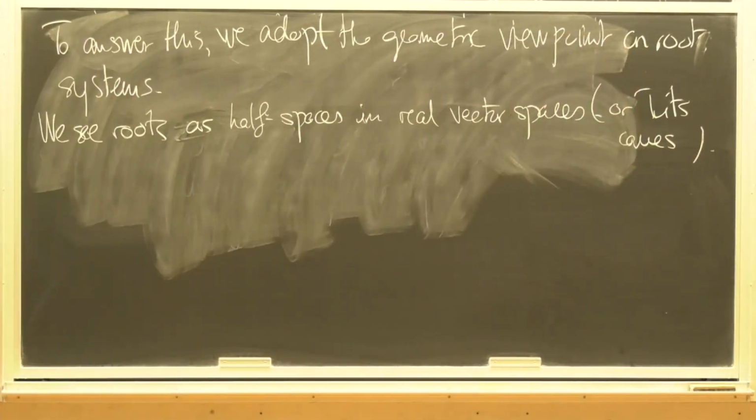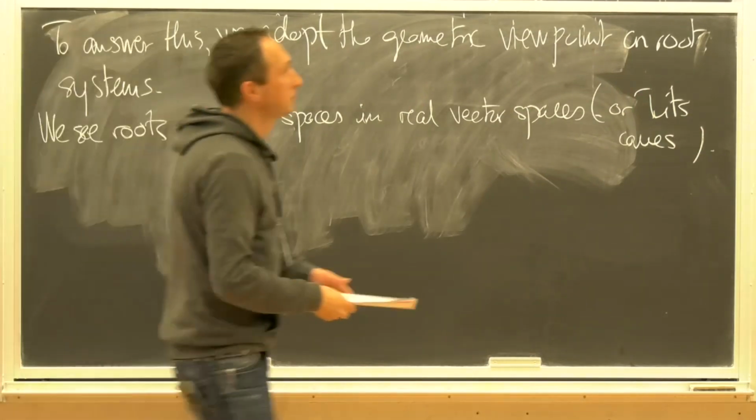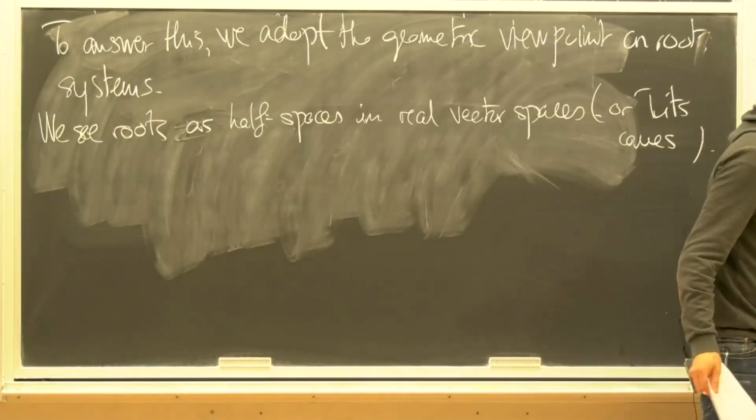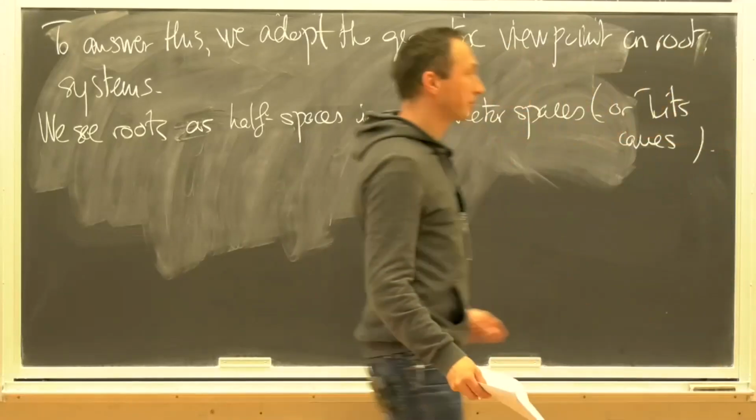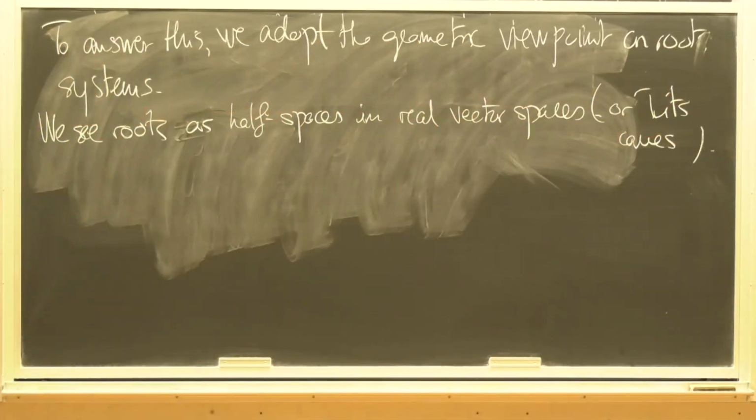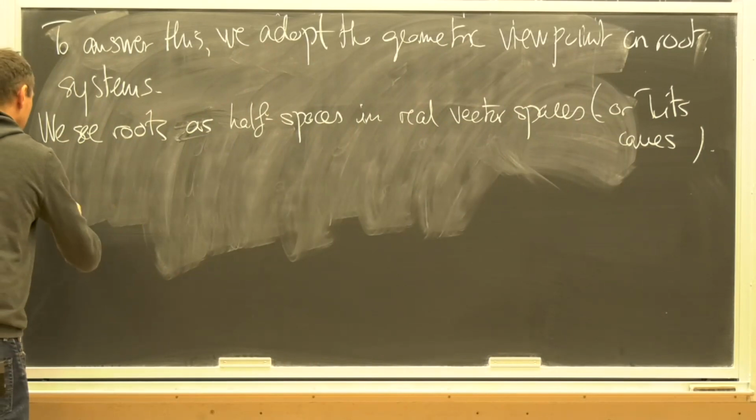Okay, and if I want to illustrate this statement, I should say the following. We have two basic examples of infinite root systems to have in mind for my talk.